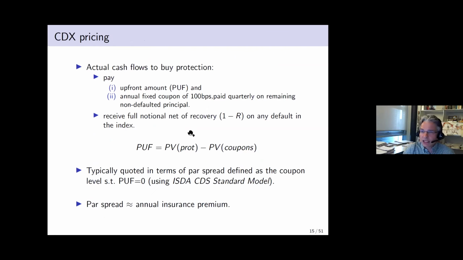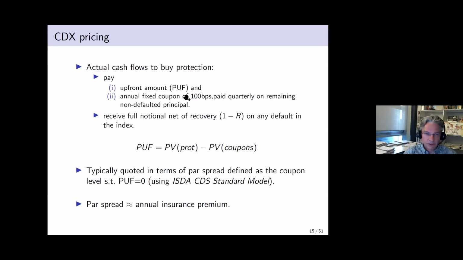The cash flows: when you want to buy protection on this index of 125 firms, you typically need to pay an upfront to buy protection and an annual coupon that's set to 100 basis points, which is paid on a quarterly basis. If there is a default, you receive as a payment the loss given default on the actual bond that defaults in the sample.